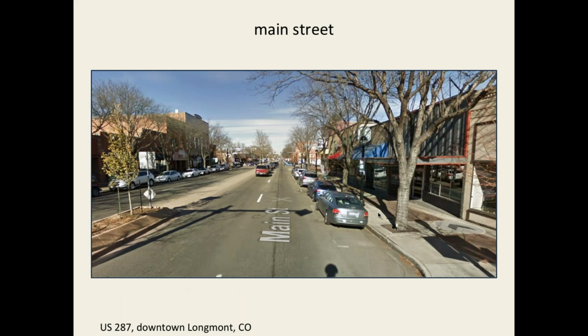But then you come into the downtown and it's a very different street. Here we have wider sidewalks, the same lane capacity. We have a 4-lane facility with left turn accommodation at the intersections, but we have on-street parking. It's obviously a much lower speed environment.